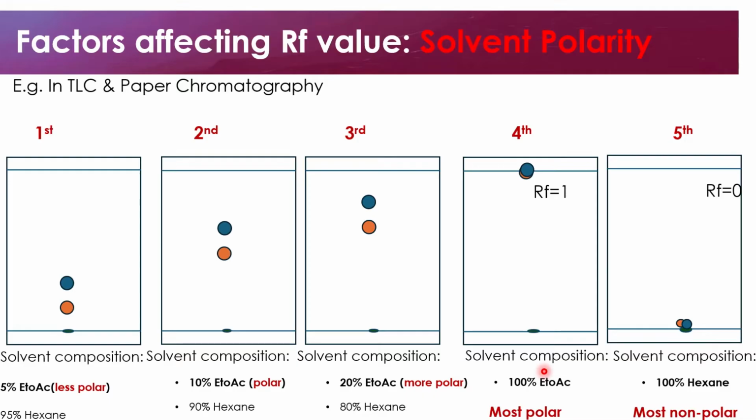Now if you compare the polarity of the solvent mixtures used as mobile phase in each of the thin layer chromatography, it can be seen that the solvent used as mobile phase in the first chromatography will be considered a less polar solvent than the mixture used in the second chromatography.